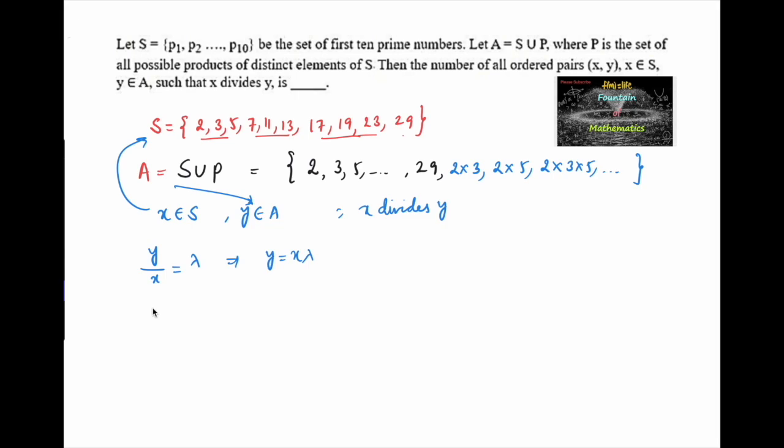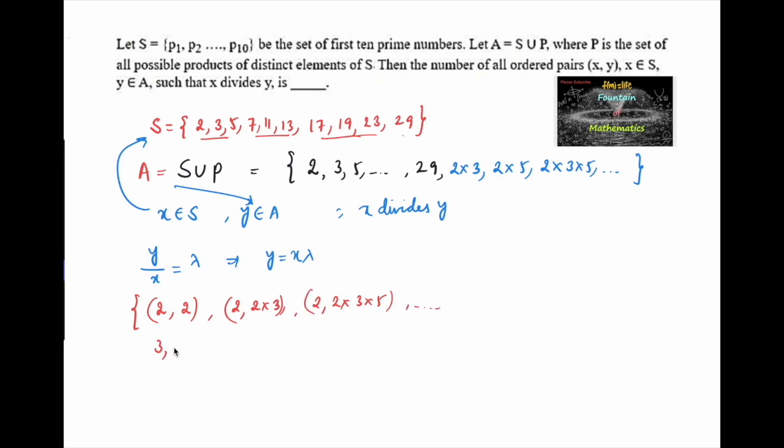So we can choose the ordered pairs like, suppose I take 2 as x, so we can take any number of multiples like 2 comma 2 I can choose, or 2 comma 2 into 3 I can choose, or 2 comma 2 into 3 into 5 I can choose, and so on.